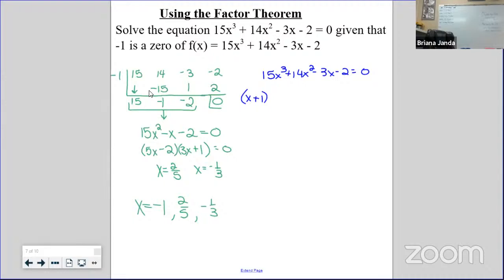And what synthetic division does is tell me, okay, if I take that factor, if I pull that GCF out, or I take that factor out, what I'm left with is 15x squared minus x minus 2. So that if I multiplied that all back out, we'd get to here. Basically, they're doing the first step of the factoring for us. We use synthetic division to see what's left with that. And then you're at this step right here of continuing to factor that part of it to get a fully factored form to find all your solutions. Any questions?